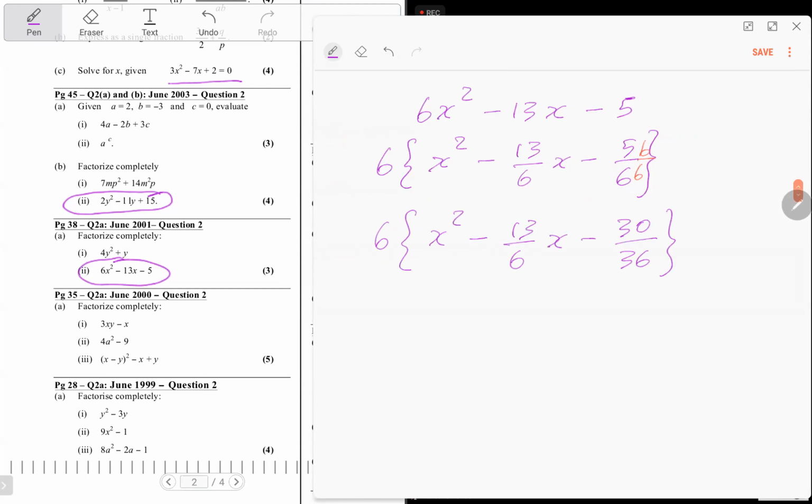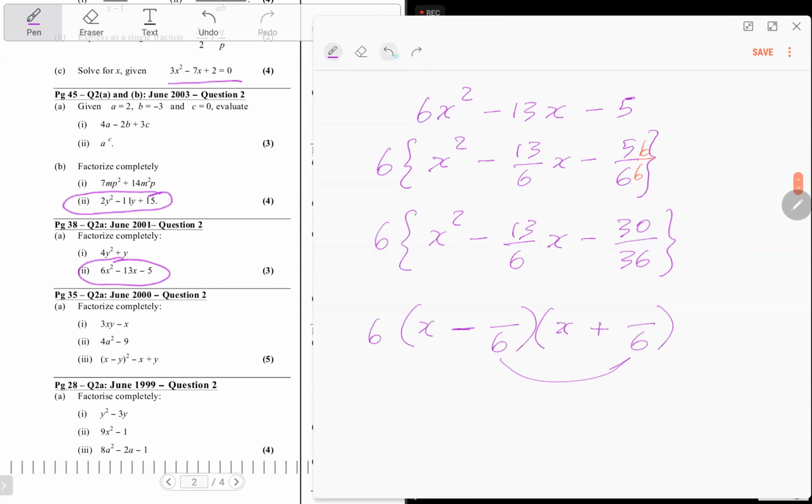All right, I'm ready now. Now put that in the bracket and something over 6. So I get 6 bracket x and x. The signs are different. Take the minus and put that one in front: minus, plus. Something over 6 and something over 6. 6 times 6 gives me 36 here.